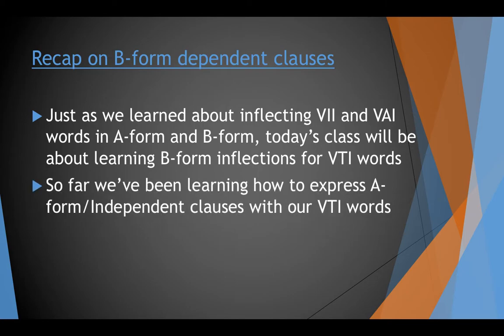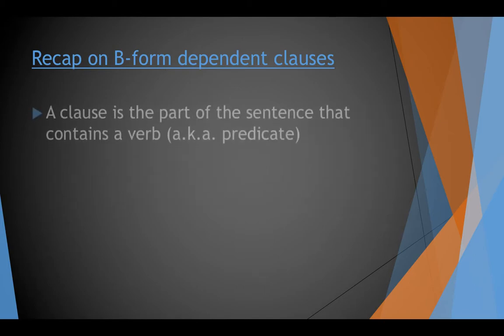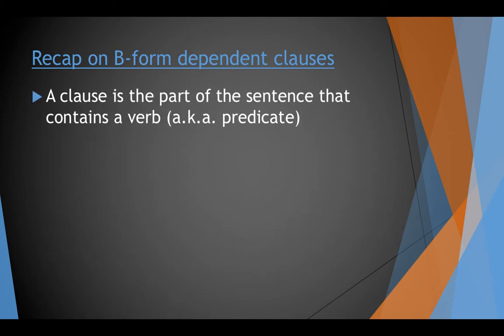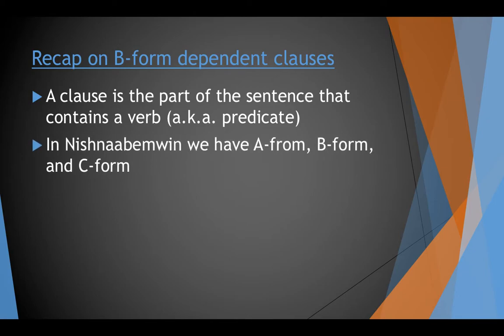So far, we've been learning how to express A form independent clauses with our VTI words. A clause is a part of the sentence that contains a verb, also known as a predicate. In Nishnaabemwin, we have A form, B form, and C form.